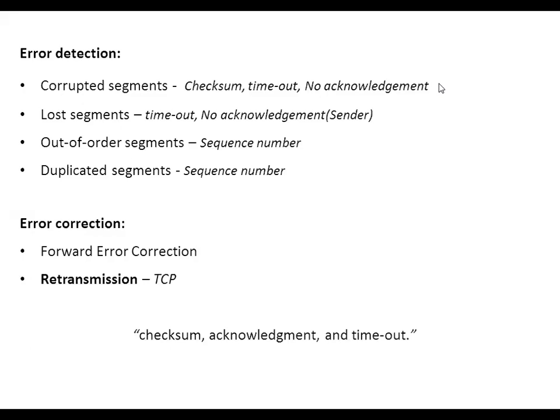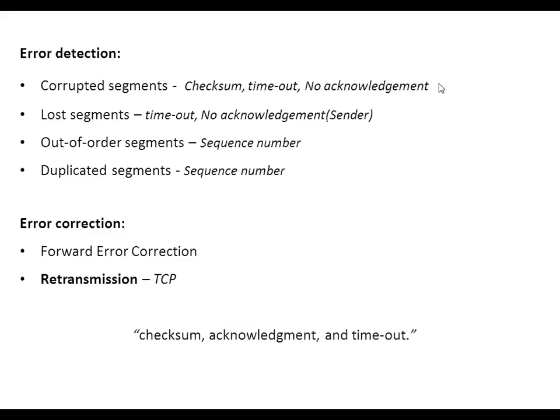The first type of error, that is corrupted segment, occurs because of a change in the bits in the segment during transmission. This will be identified by using a checksum. The sender will be calculating the checksum and the receiver will be verifying the checksum. So if any bit was altered during transmission in a segment, this will be identified by the receiver using the checksum.